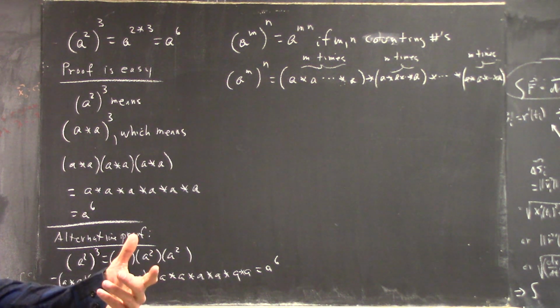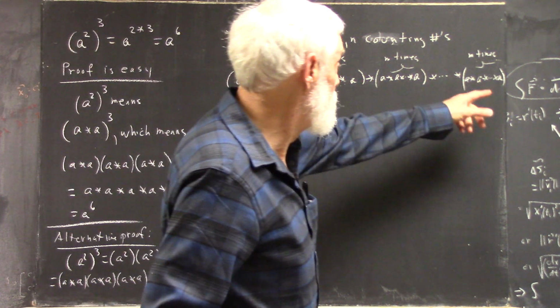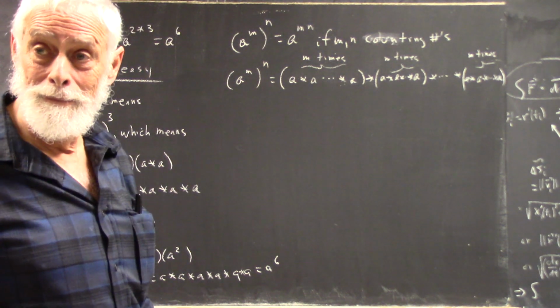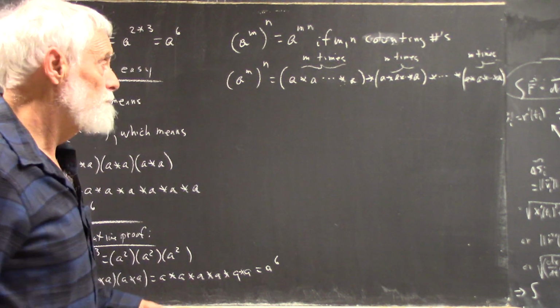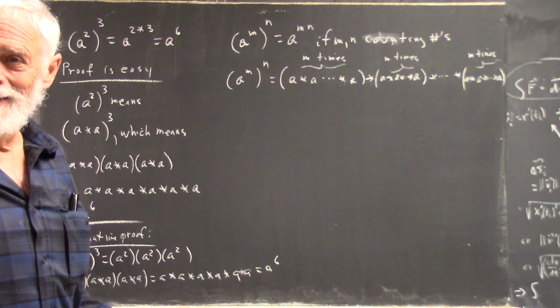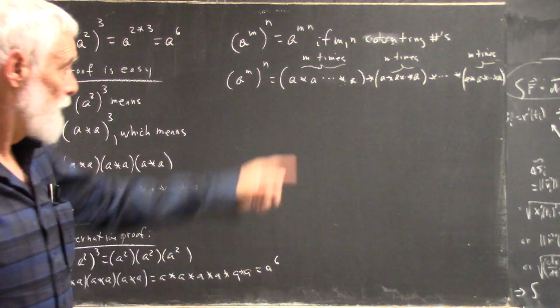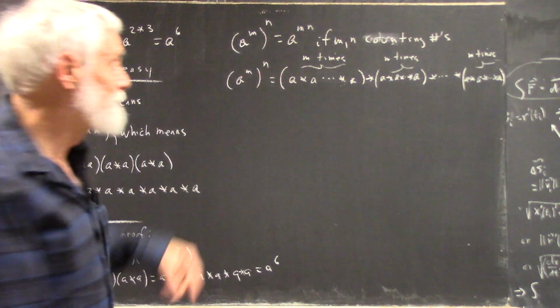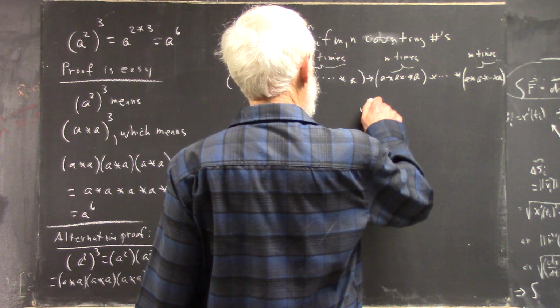Make sense? And how many of these do you have? There's no 3 in here. Oh, I thought you meant like groups. Yeah, there are n of them, right? So you have n times.